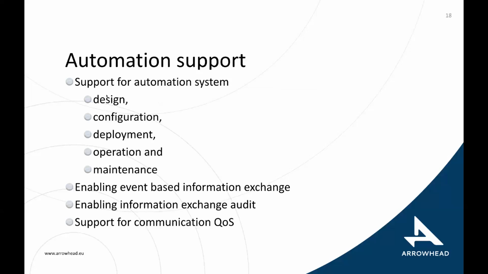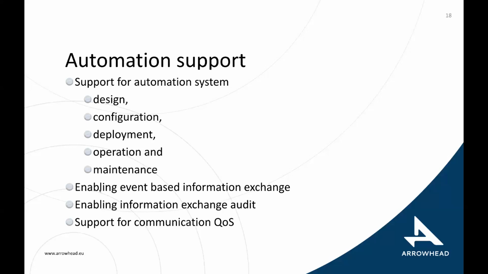Then we will be supported by a number of more things that can help us to build these. So can we design and build these automation systems based on local clouds with some design support, configuration of individual software parts and hardware parts, deployment, operation and maintenance, and so on.